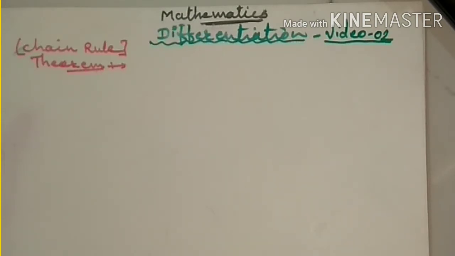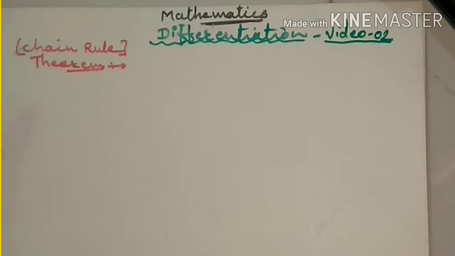Yesterday we also saw the definition of a composite function. A composite function means a function that is inscribed in another function. We also saw an example: y is equal to log of tan of e raised to x.